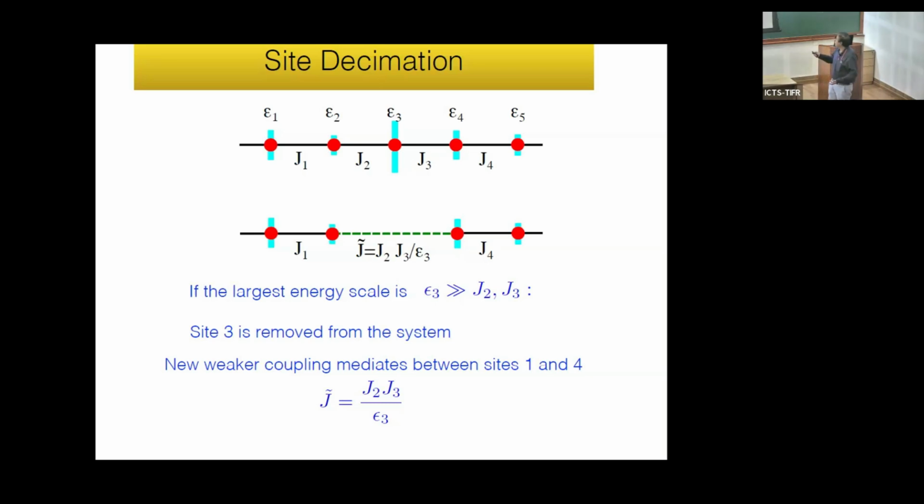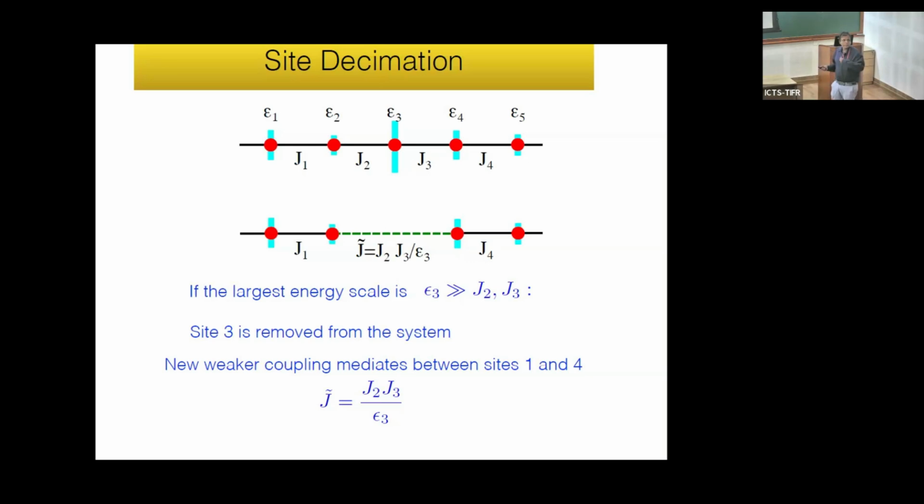For example, if epsilon 3 is the largest energy scale, you integrate it out, and then the sites 2 and 4, which did not have a coupling in this short range term, now get coupled by a weak coupling.